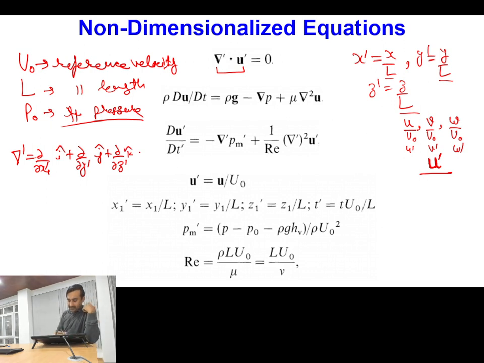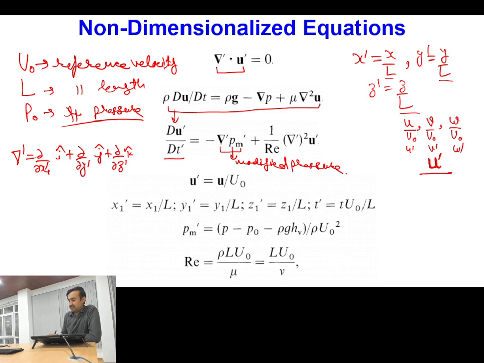Similarly, this is my original momentum equation. If I apply this non-dimensionalization on this momentum equation, then my dimensionless momentum equation becomes d by dt dash of u dash minus the gradient of pressure Pm. Pm over here is what we call the modified pressure.